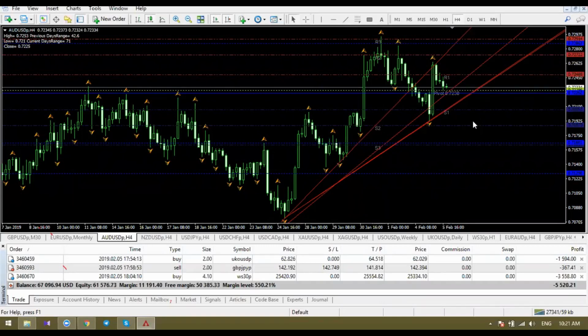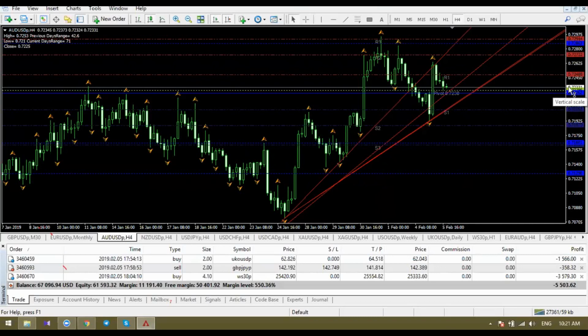Look, I stress again. The trend line is not a tool to tell you when to buy and when to sell. It just makes you some boundaries. It just determines your market's elasticity.